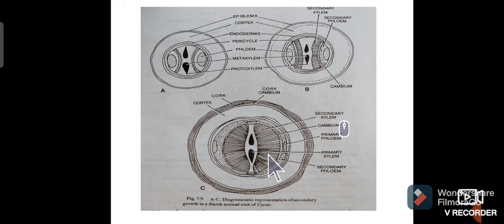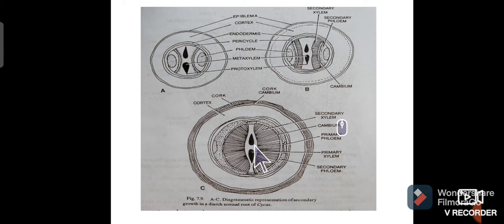These cells of cambium start cell division, and they will produce xylem towards the center. So the xylem will start forming towards the center of the pith, that is known as centripetally.